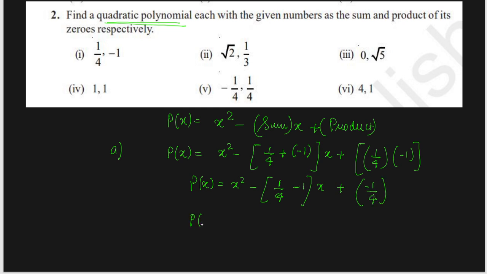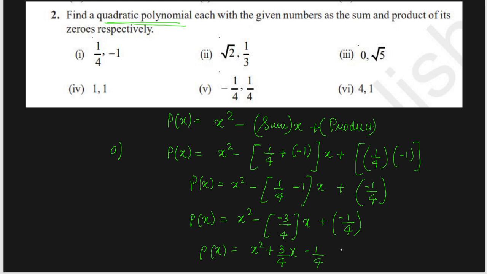If you take the LCM properly, you get 1 minus 4, which is negative 3 over 4 of x plus negative 1 by 4. So your polynomial is x square plus 3 over 4 of x minus 1 over 4.